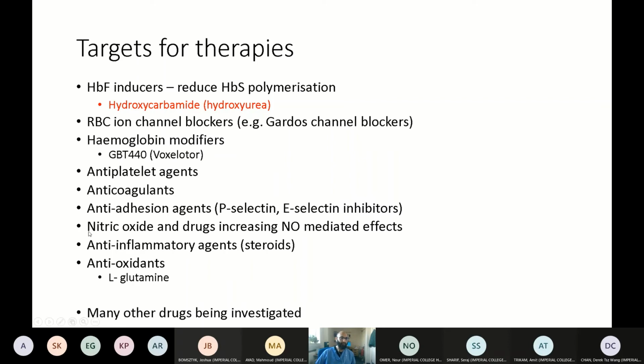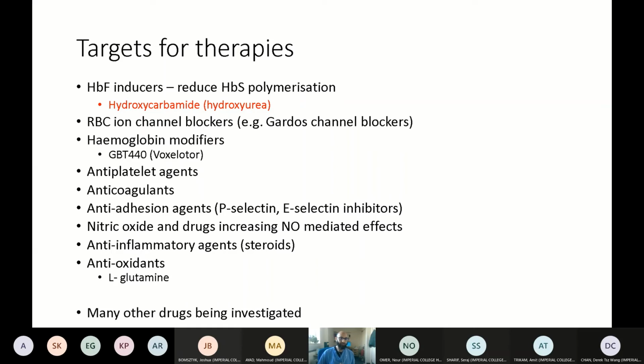For instance, L-arginine, the amino acid which gets depleted, as we've seen on that slide, due to the inhibition of the enzyme RBC arginase, has not shown that much promise in clinical trials.